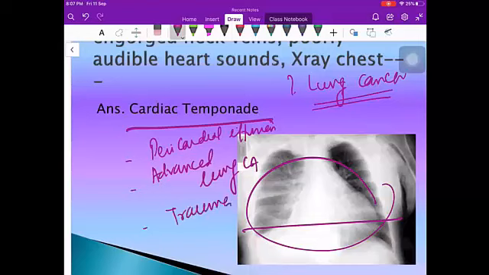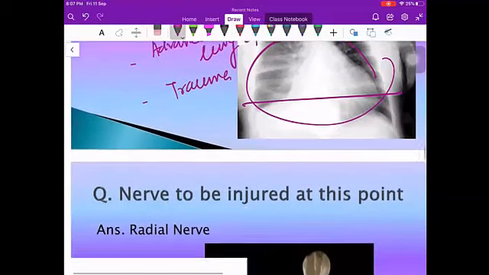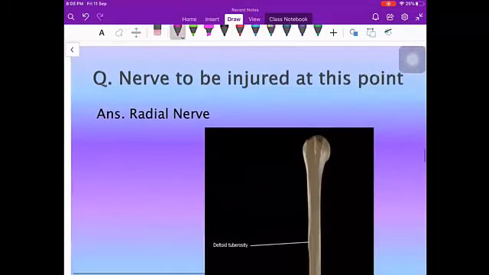Okay. So there can be many more causes for this. Here it was written that this is a patient of lung cancer. So the answer to this question was cardiac tamponade. So you can very well correlate with the history and the investigations given.